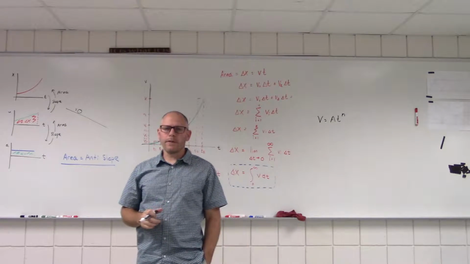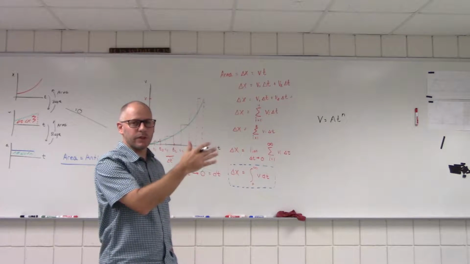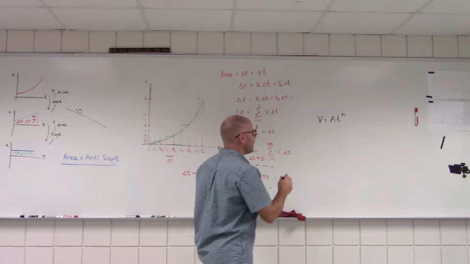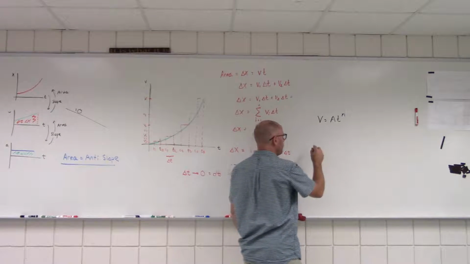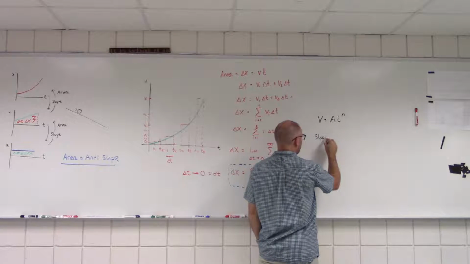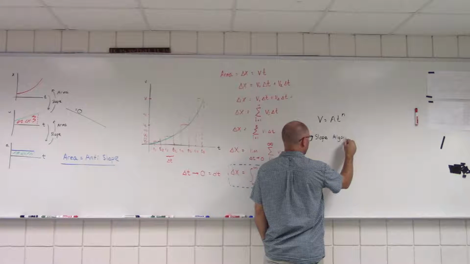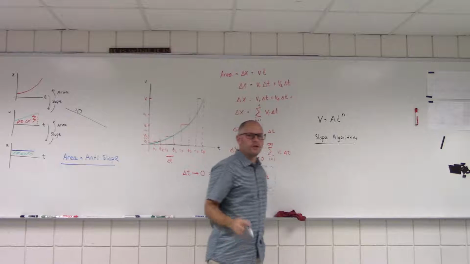So if we were given a velocity function in a general form that looked like the velocity is equal to some coefficient a times t raised to the n power, how did we use the slope algorithm to get the acceleration? Well, we had two steps.